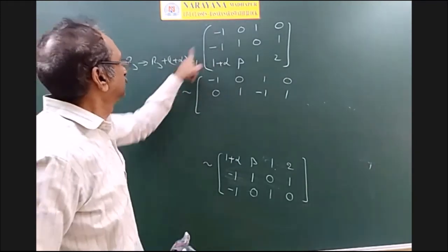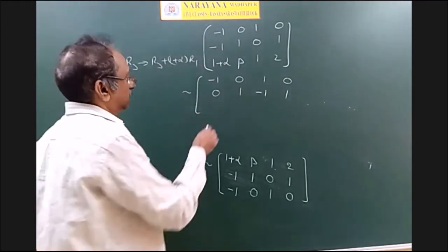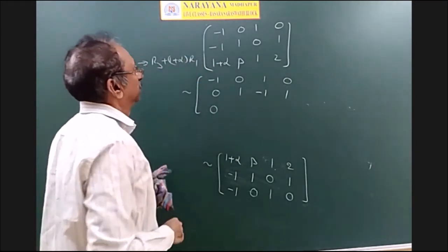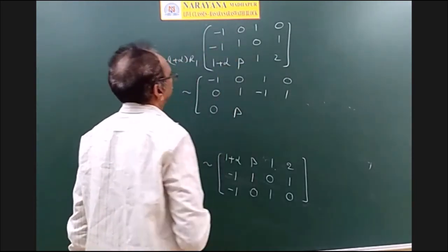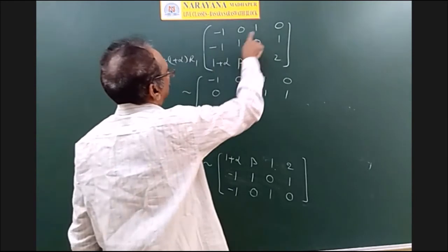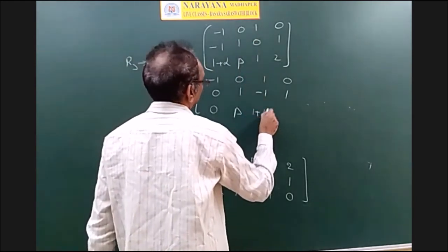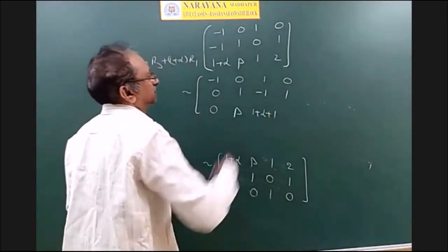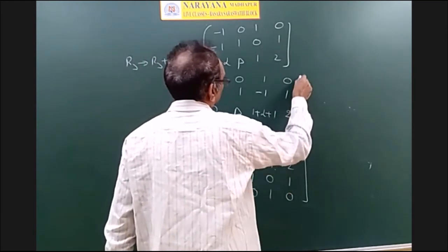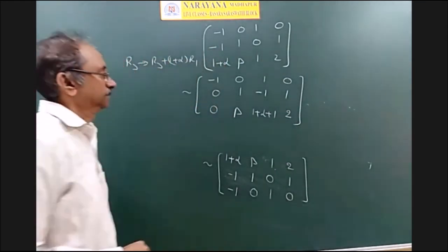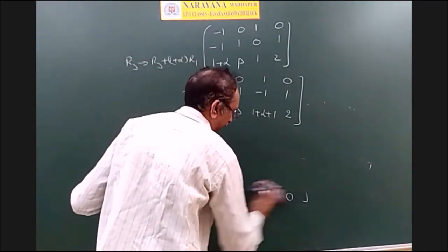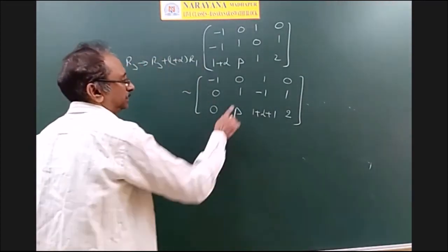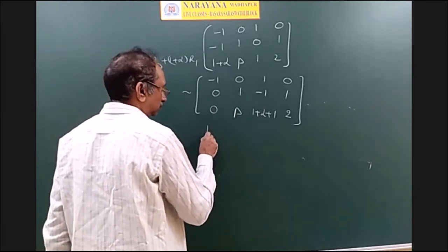That is minus 1 plus alpha plus 1 plus alpha, cancelled. That is 0 here. And 0 into anything is 0, plus beta only. Plus (1 plus alpha) into 1 plus 1. 0 into anything is 0, we'll get 2 here. So this is the next one. After this, make this 0.